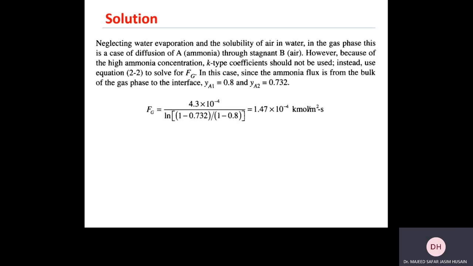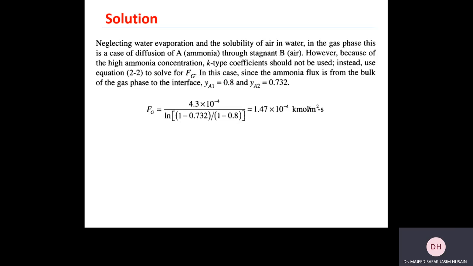So if you are going to neglect the water evaporation, that means it is mass transfer or diffusion of A into stagnant B. So ammonia will be A and B will be the air. So you have to define first what is your A, what is your B.